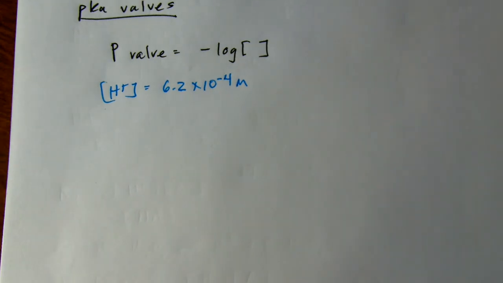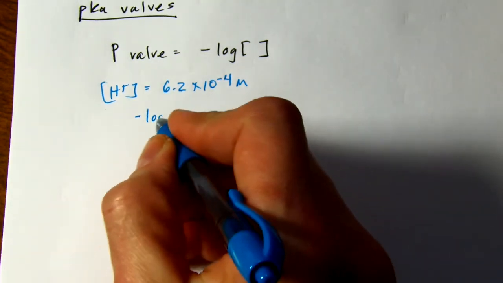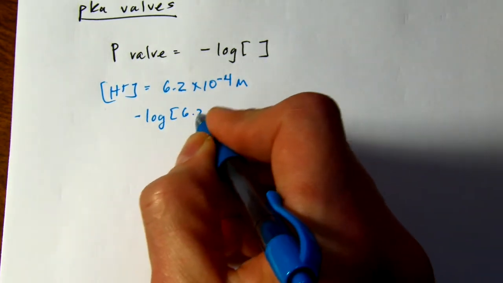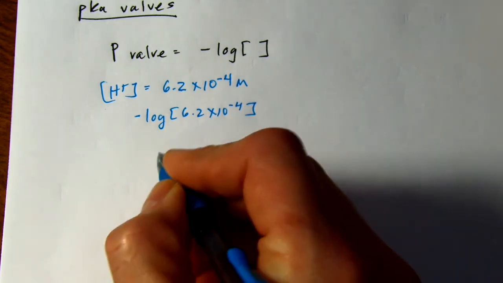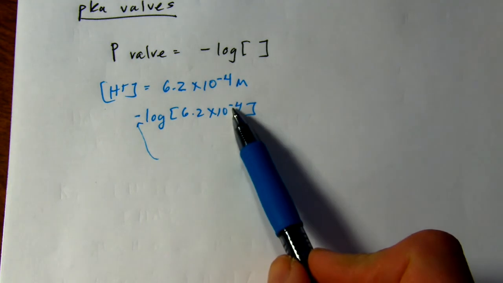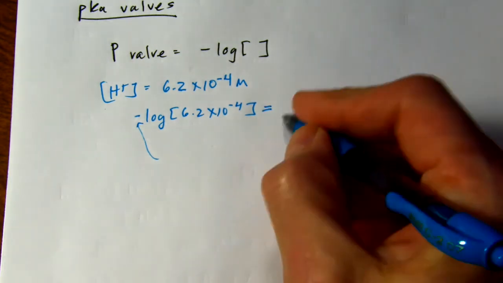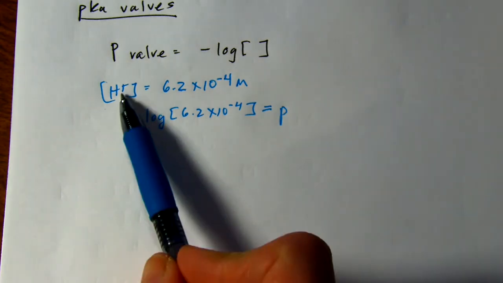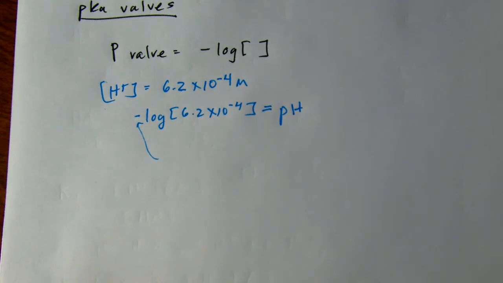What we're going to do, though, is take the negative log of 6.2 times 10 to the negative 4. Part of the reason we're taking the negative, or at least why it's useful here, is because that way we end up with a positive value for our P number. Now, because we're taking the negative log of hydrogen, we call this the pH value.